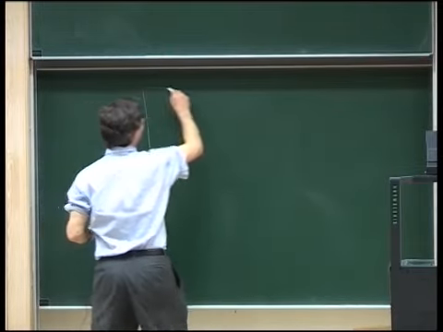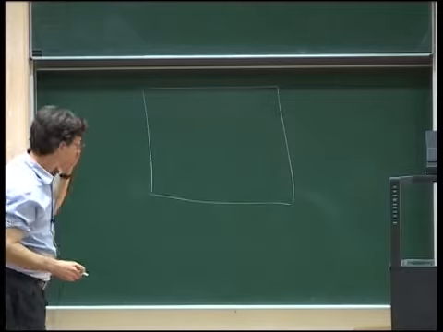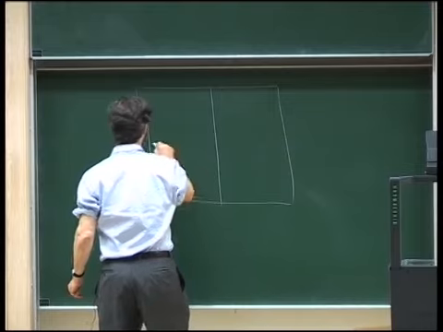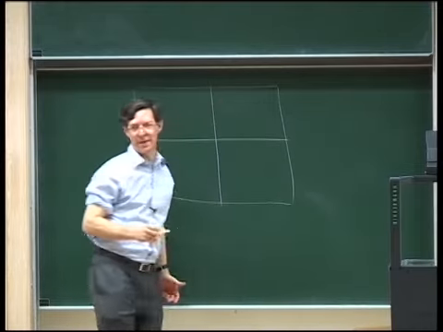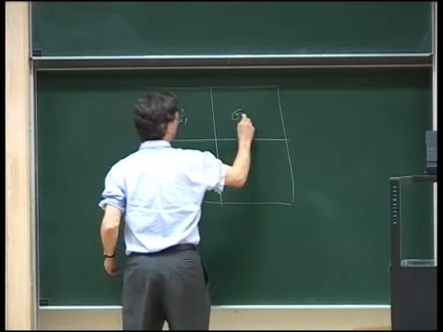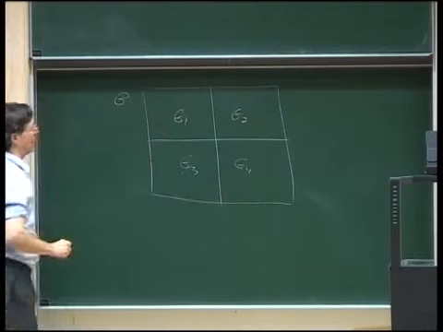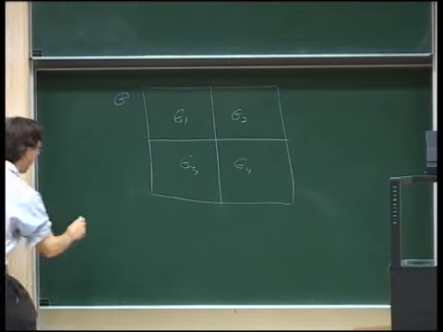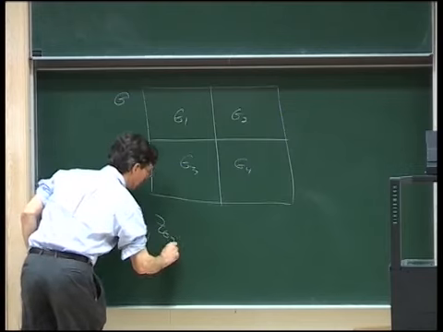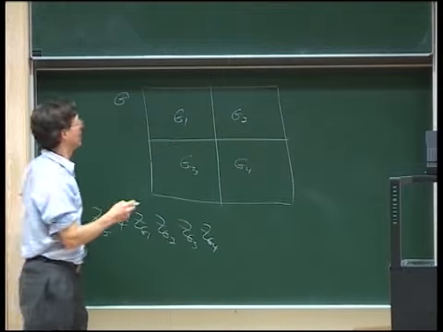Let's consider a very big piece of, let's say, the square lattice, and let's divide it into 4 big but smaller pieces of the square lattice. Let me call these G1, G2, G3, G4, and this whole thing G. Now, it's not true that Z_G is the product of Z_G1, Z_G2, Z_G3, and Z_G4, because this is not a disjoint union.